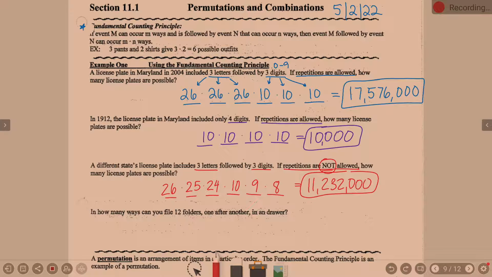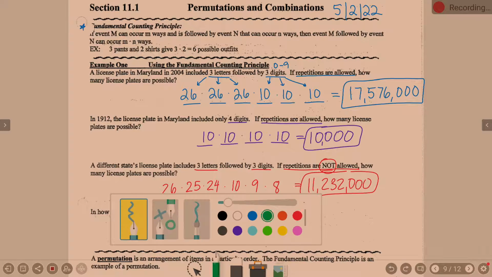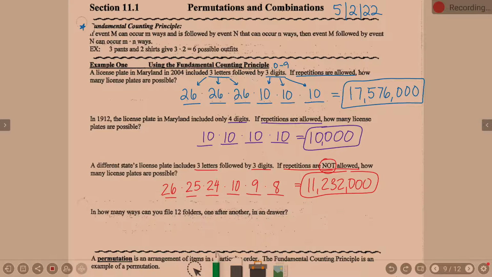Okay. In how many ways can you file 12 folders, one after another, in a drawer? Do you understand what they're asking here? How many blanks am I going to need? 12, because how many folders am I arranging, filing, however they said it?